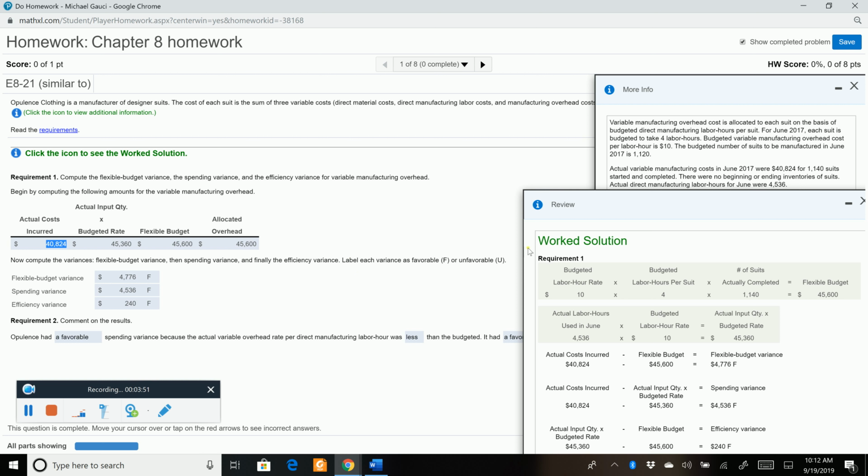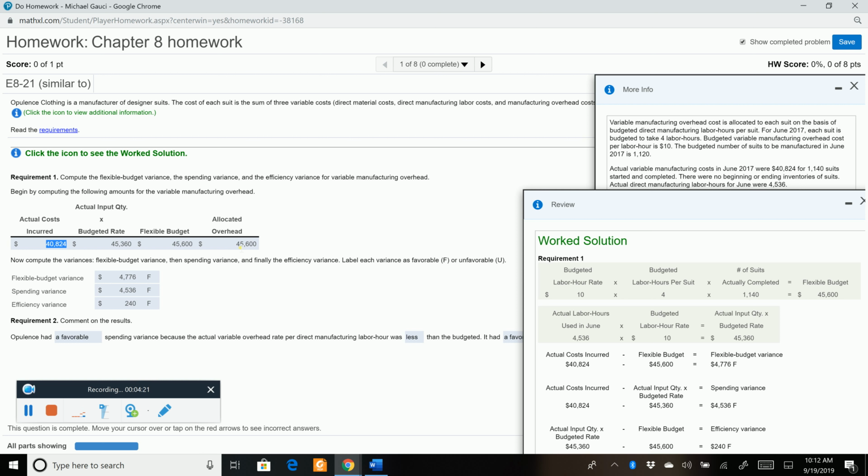That's important because our original budget, the static budget, was for how much? It was to make 1,120 suits. But how many suits did we actually make? I'm circling it over here on the right. We actually made 1,140. So we need to flex our budget to the actual level of activity, or I should say what is allowable for this level of activity.